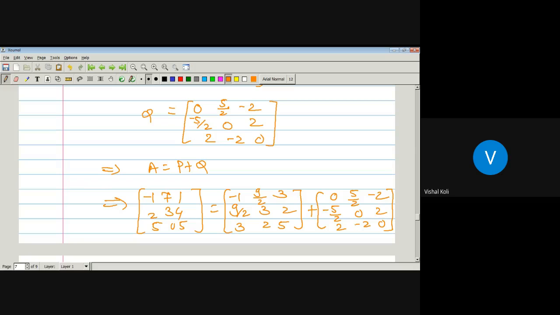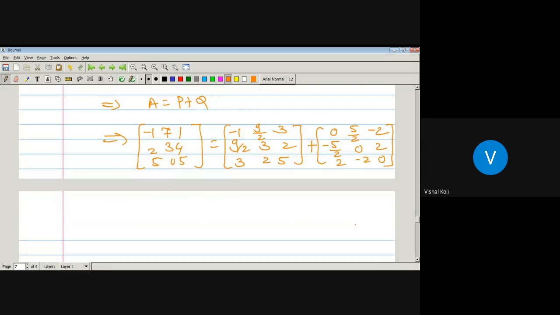Okay, now let us check whether P plus Q is equal to A or not, which is by the theorem. Minus 1 plus 0 is minus 1 as it is. First element: 9 upon 2 plus 5 upon 2, 9 plus 5 is 14, divided by 2 is 7.